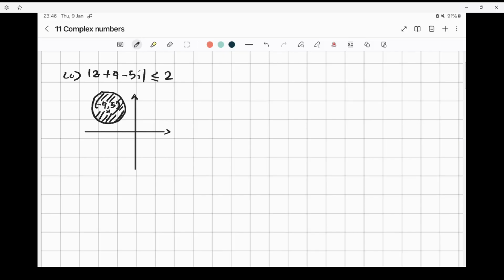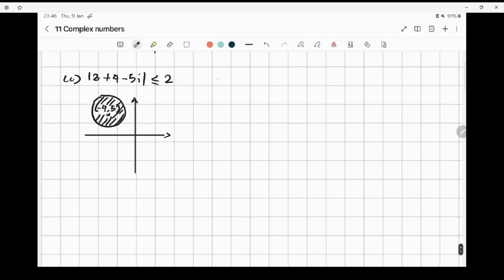Now let's look at the half lines. If let's say you have argument of z minus 2 plus 3i equals pi over 12. So we know that we need to write the minus part. So you have 2 minus 3i.